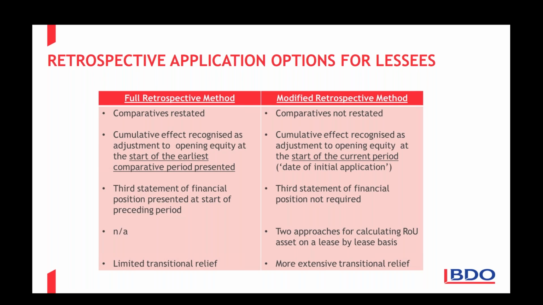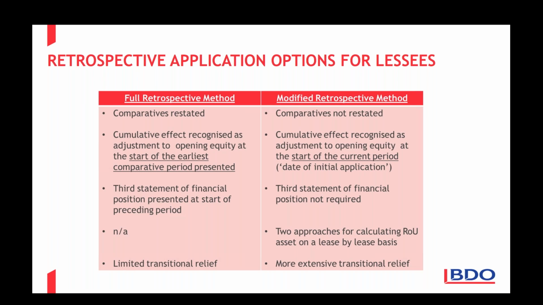Now, as I said, the other broad category that they've got here is the modified retrospective disclosure method. Now, in this one, the comparatives are not restated. So you're only fixing the current year, so 31 December 2019. You don't restate 31 December 2018 or any earlier years. Now, all the changes before the beginning of the current year, so everything before 1 January 2019, for example, will go against the opening retained earnings on the 1st of January 2019. There's no requirement to present a third balance sheet at the beginning.